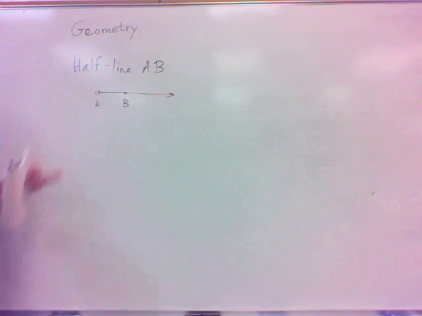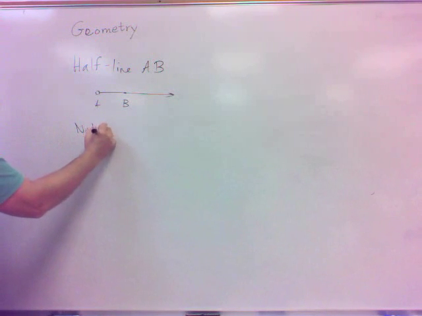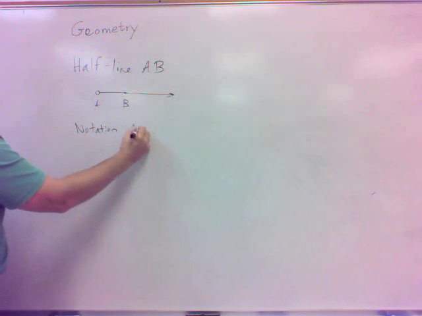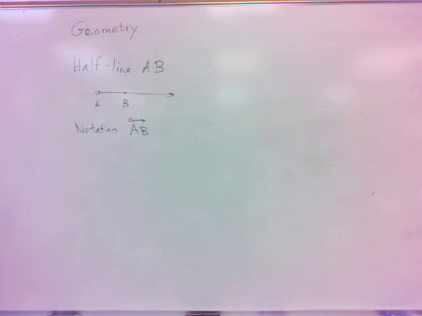And to designate that, we usually leave an open circle on that starting point there. So this is half line AB. The notation is similar. That means half line AB.